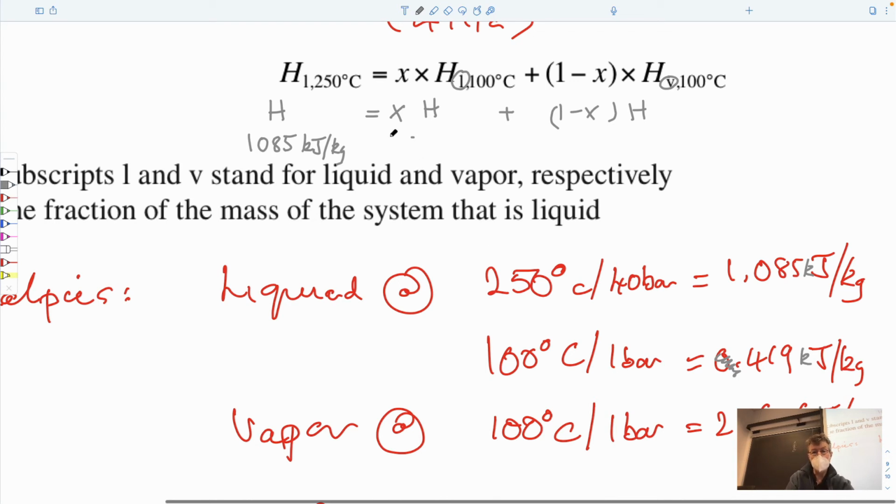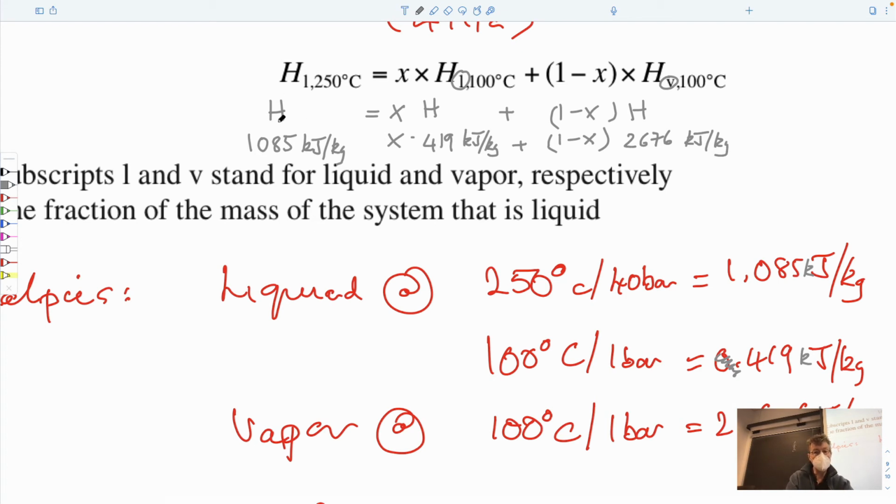So it would be X times the liquid, which is 419 kilojoules per kilogram, plus 1 minus X times 2676 kilojoules per kilogram.